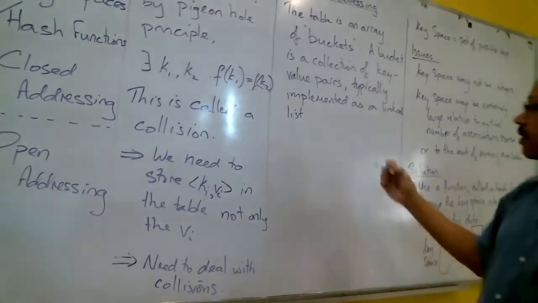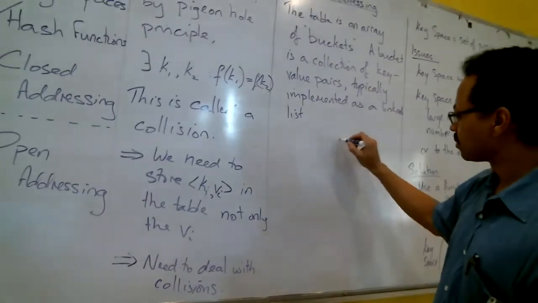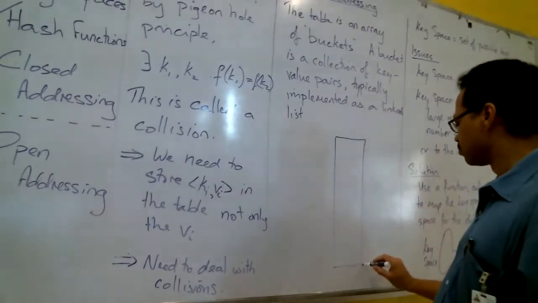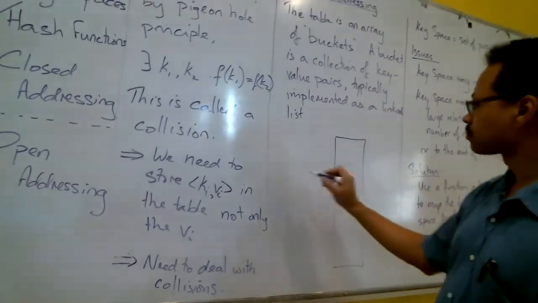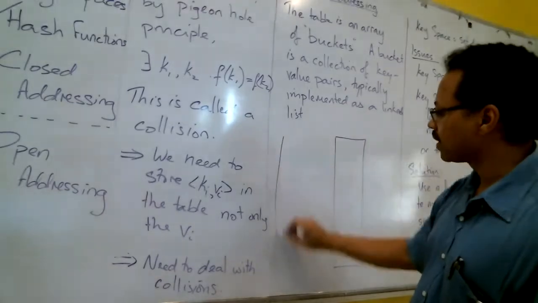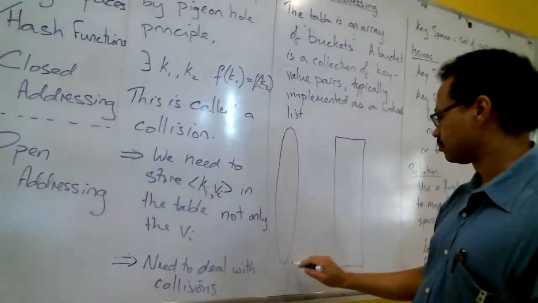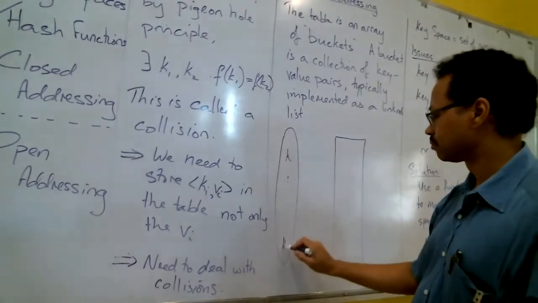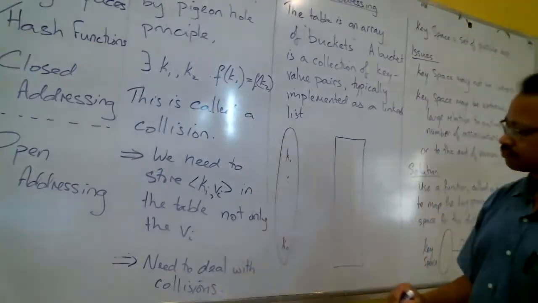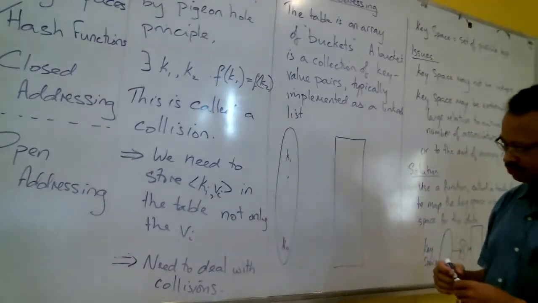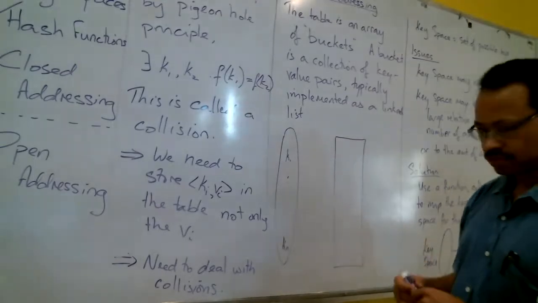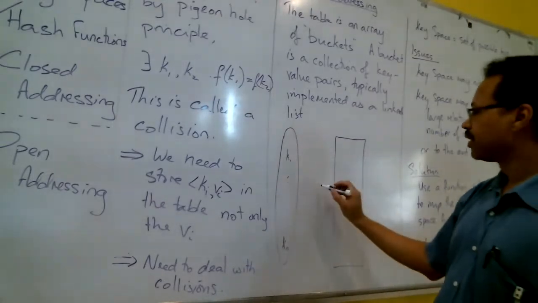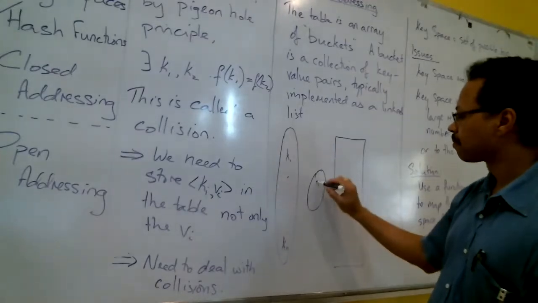So the picture then looks like this. That's our table. This is our key space. I didn't necessarily mean for them to look like they're lined up. This is our hash function.